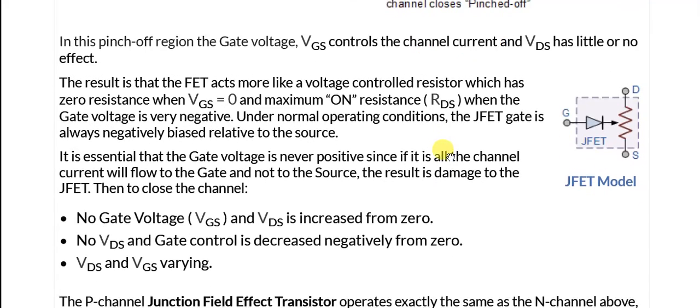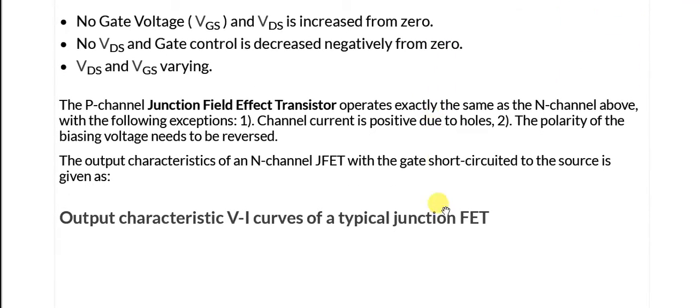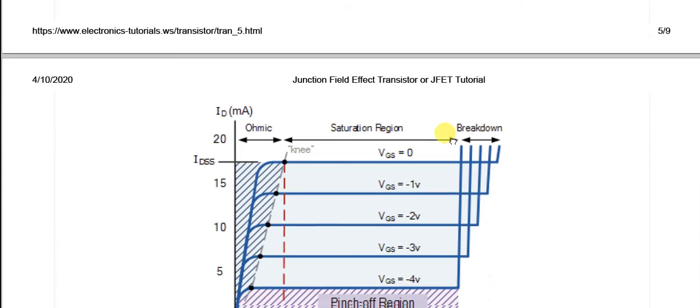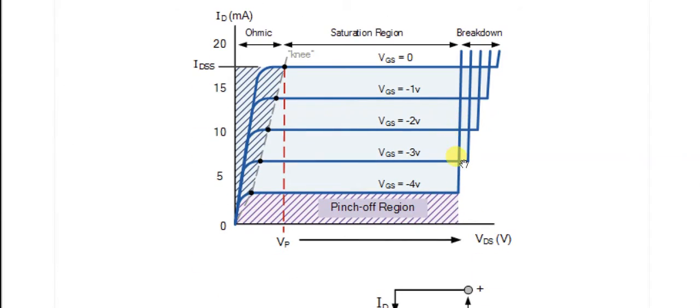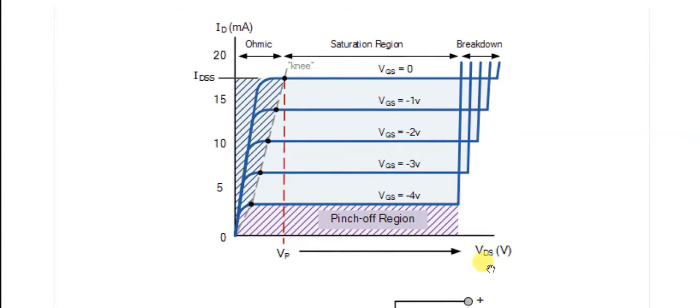In the next slide we will see the similar output characteristics curve, which is between the VDS, the voltage applied across the drain to source. This is ID, which is the drain current flowing through. You can see this is the gate voltage, VGS, gate to source, which is 0. At 0 we can see the highest drain current is flowing through.